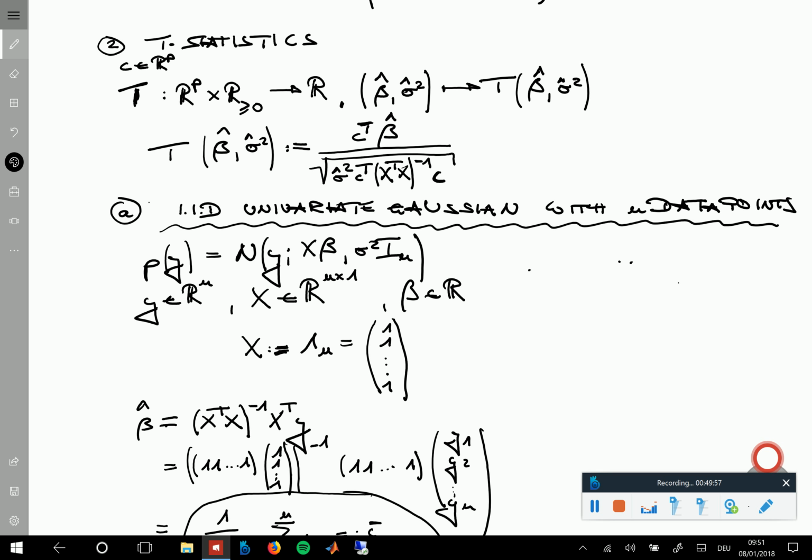The beta parameter estimates are usually a p-dimensional vector, so a multivariate thing. The C, these contrast weights, allow you, by means of this dot product, to project that onto a scalar.